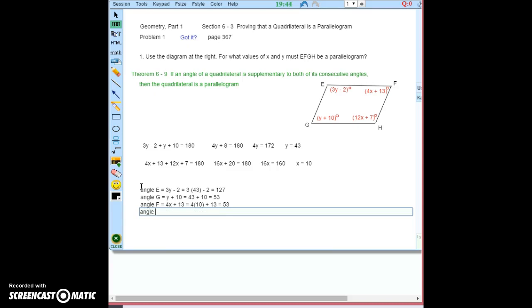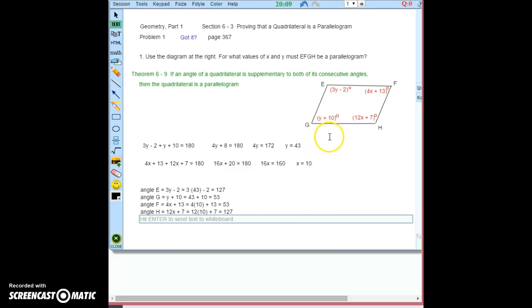And then angle H would be 12x plus 7. So 12 times 10 plus 7 equals 127. Okay, so the last step, using this theorem, we need to prove that consecutive angles, meaning angles, if you follow it around, consecutive angles would be like G and E and F, angles right next to each other. They would have to be supplementary.